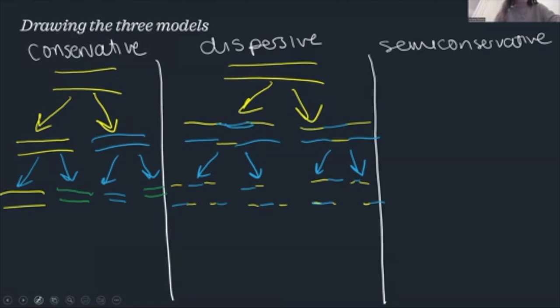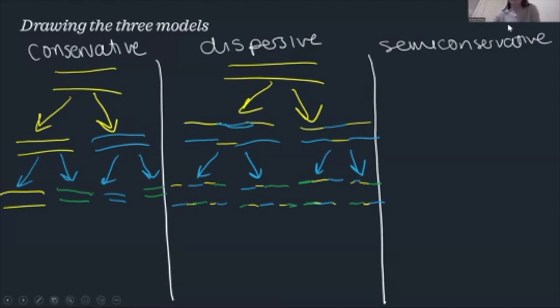Then I'm going to add in some green to show my newest DNA. This is getting really tight, so sorry about that. It's really close together, but you can see there are 4 new DNA molecules, and each has a mix of blue, yellow, and green, where blue and yellow in this case were our old, and green was our new.